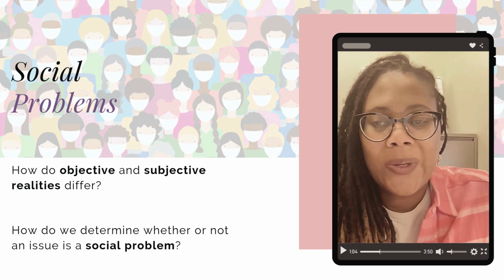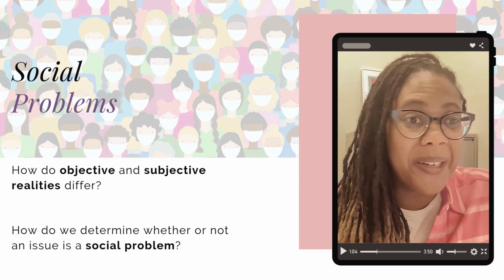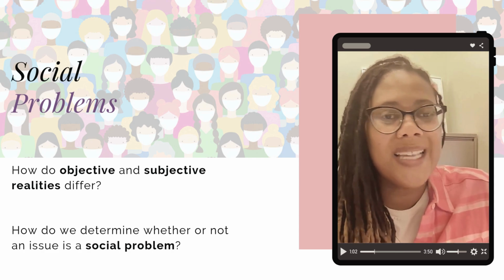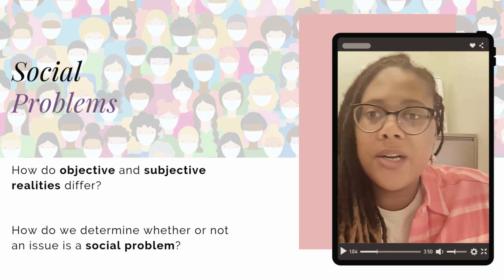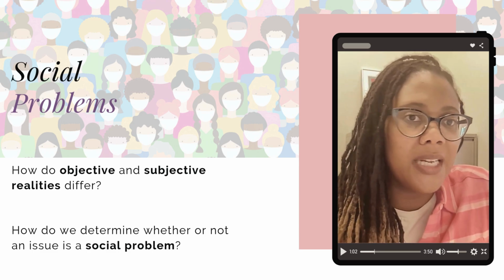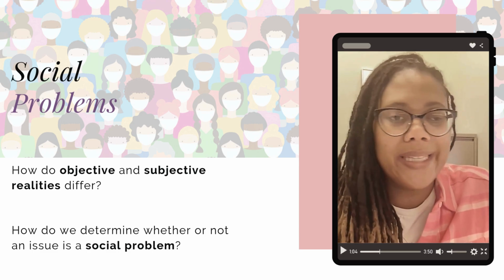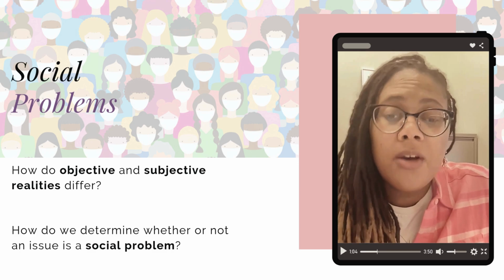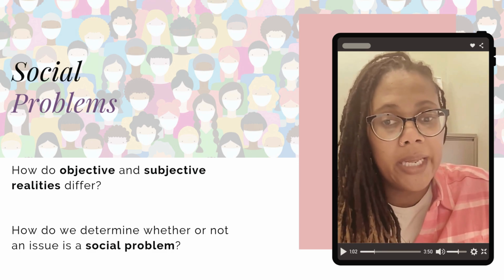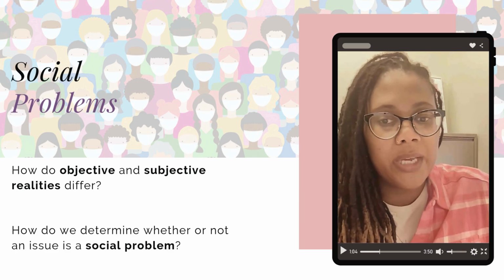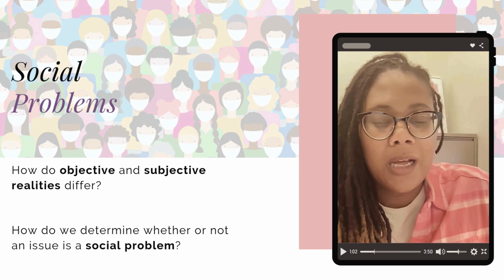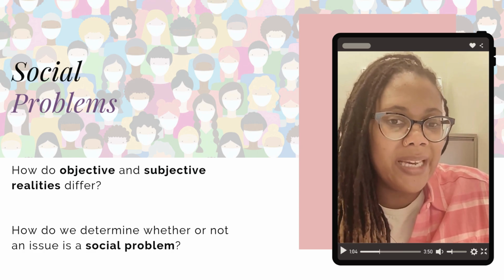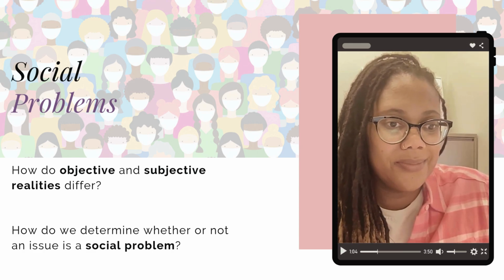Like if you travel around the world, the values, the culture, the ideas, the technology that one group views as being important versus another varies widely. And the same is true for what problems people categorize as being burdensome or troublesome, right? What is considered to be a social problem.